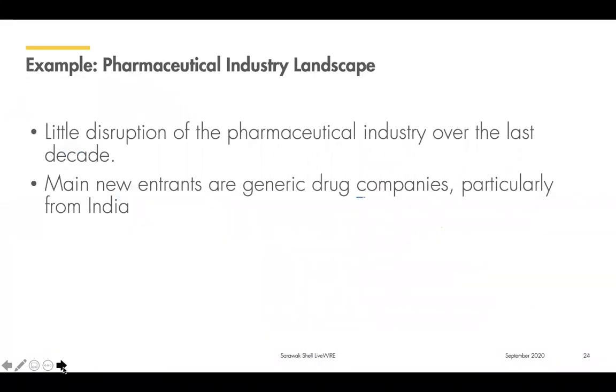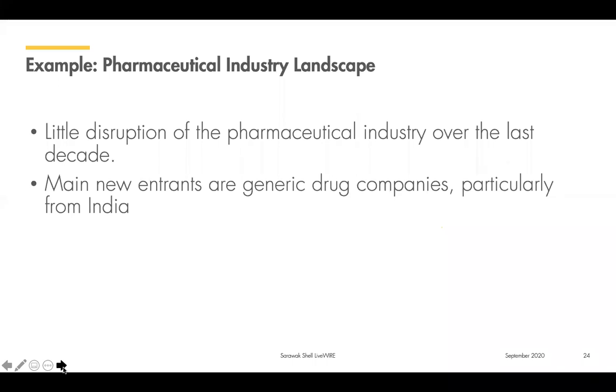So for the pharmaceutical industry, it's quite good that they don't have that many new entrants, because as mentioned, it is a high-cost business. Just like the oil and gas industry, for businesses to come in, they have to invest a lot in certification, manpower, and machineries. So with the pharmaceutical industry, there's little disruption.